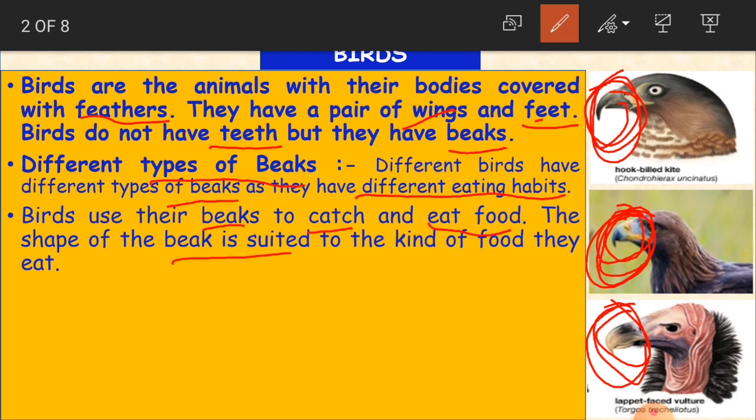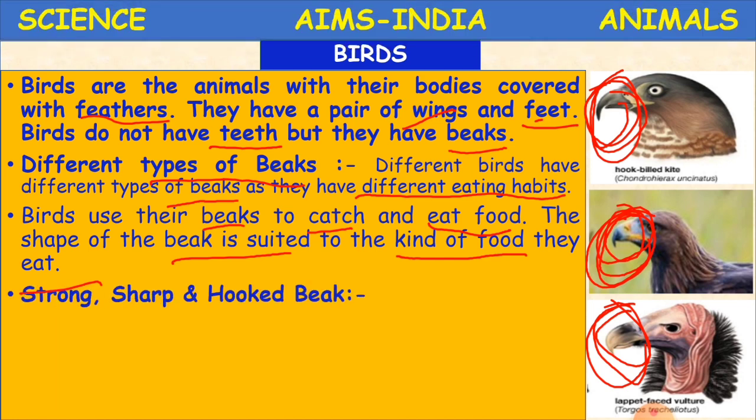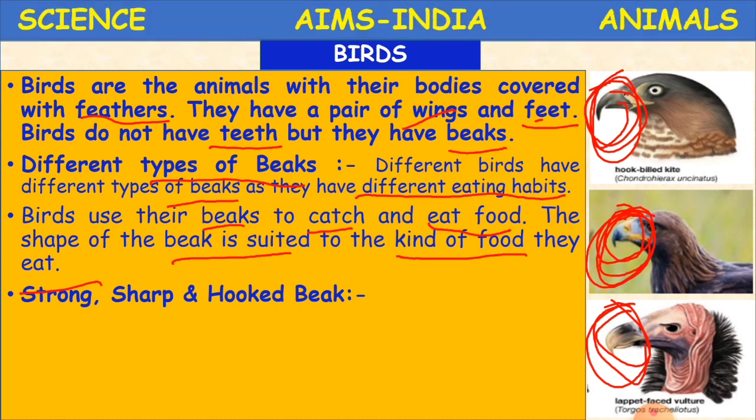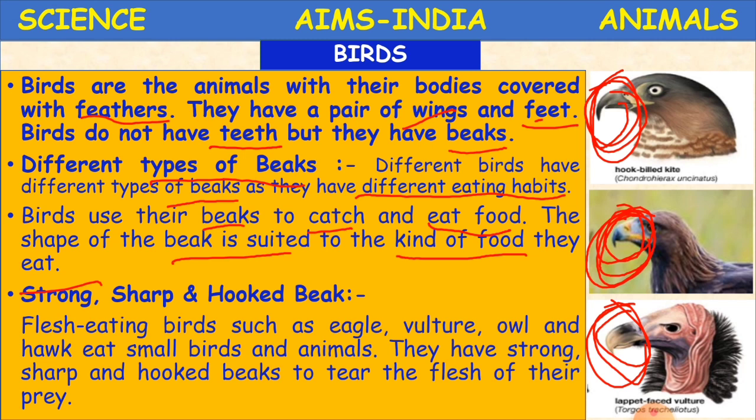The beak is suited to the kind of food they eat. It is suited in the sense that it is made according to the food they eat. Clear, children? Now we'll see the strong, sharp and hooked beak. Flesh-eating birds such as eagle, vulture, owl and hawk eat small birds and animals.